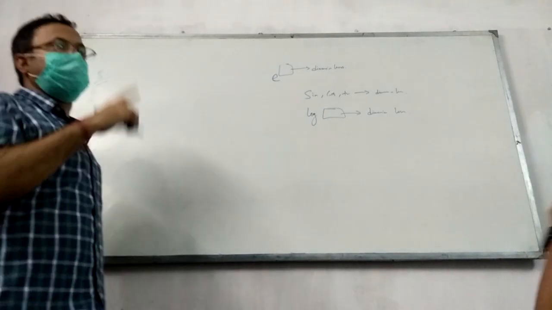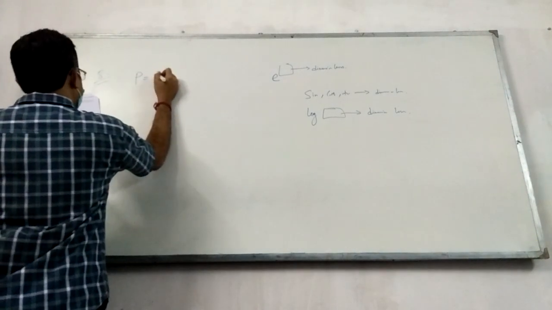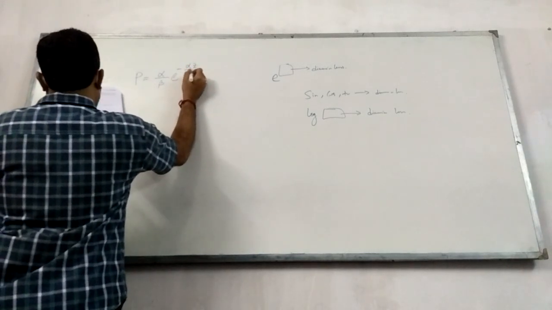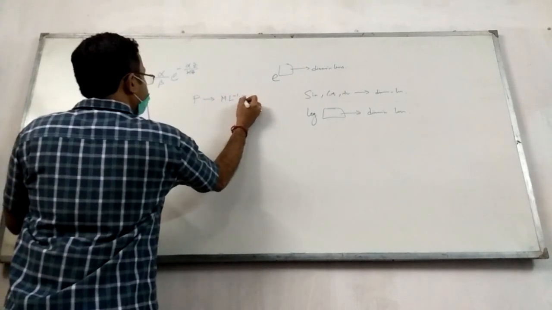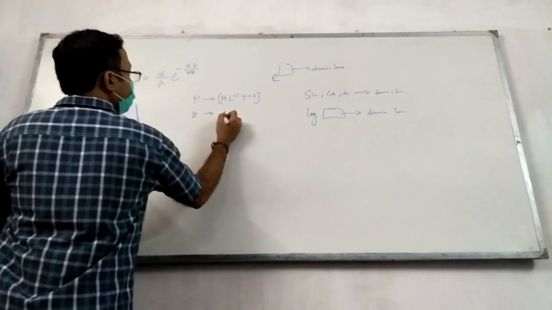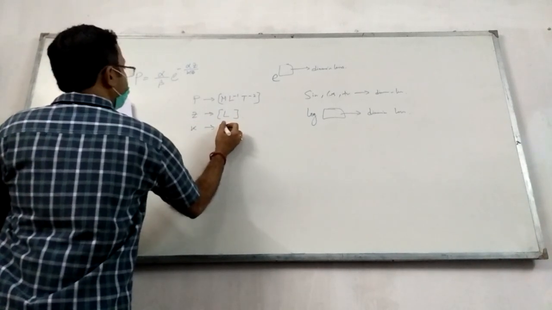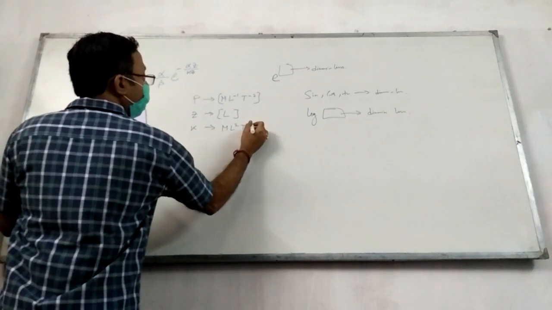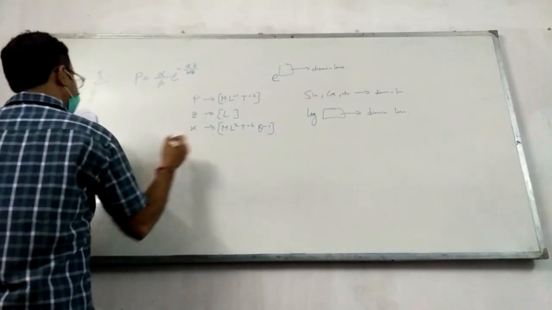So logarithm of any quantity is also dimensionless. Sine is length by length, right, we can understand that. So question number 8 says that p equal to alpha by beta e to the power minus alpha z by k theta is given. p is pressure, meaning M L to the power minus 1 T to the power minus 2, right. z is distance, meaning L. k is Boltzmann constant, meaning M L square T to the power minus 2 theta to the power minus 1, and theta is temperature.